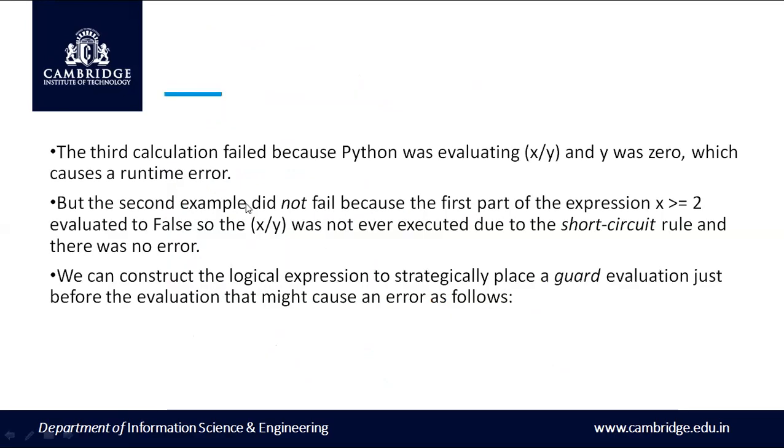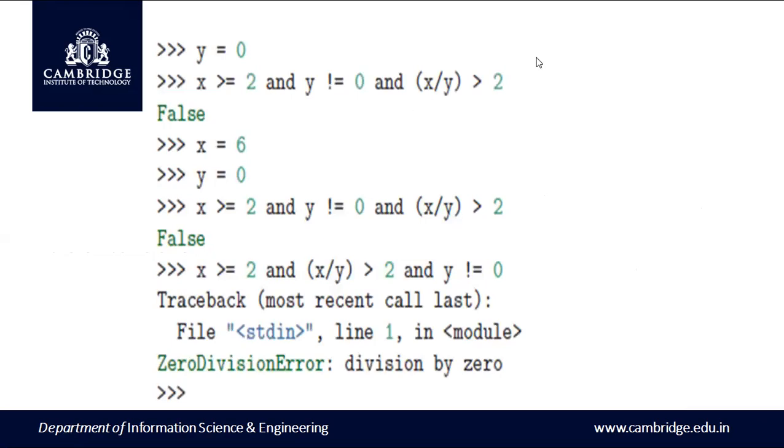The third calculation failed because Python was evaluating x / y and y was 0, which causes a runtime error. The second one did not fail because the first part of the expression, x >= 2, evaluated to false, so x / y was never executed due to the short circuit rule. Now we will see how to include a guardian pattern here. The guardian pattern here is y != 0. Here x holds the value 6 and y holds the value 0.